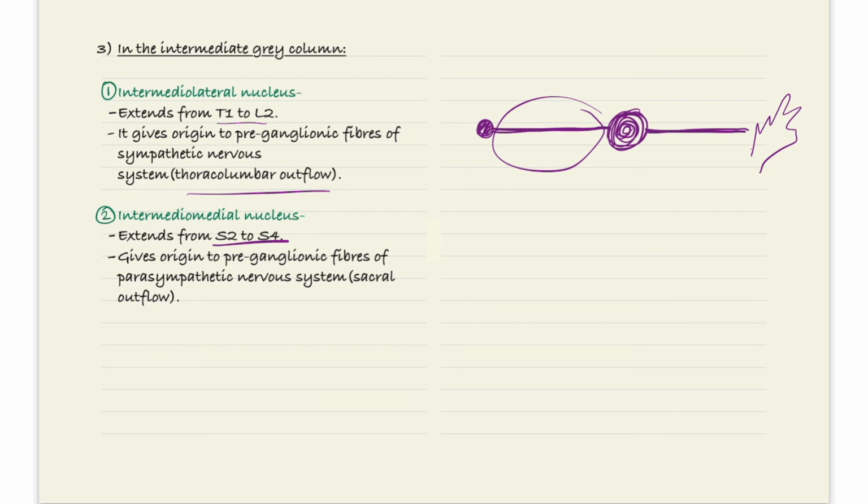Okay, gives origin to the preganglionic fibers of the parasympathetic nervous system. Parasympathetic nervous system is responsible for the functions at rest, like when you're relaxing, when there is no tension, no anger issues, nothing. At rest, all your heartbeat, the respiratory rate, etc., that is controlled by the parasympathetic nervous system.